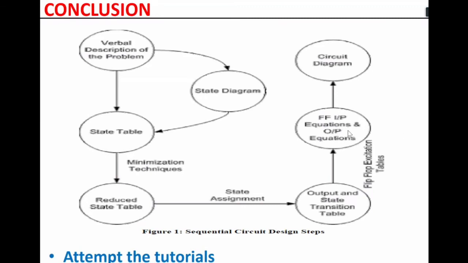Then, using those, you can look at the behavior of the flip-flops using a characteristic equation or a table that will give you a state table. Then you can reduce. We haven't done reduction. There are techniques of reducing state tables. That's another chapter. And then you can have a state table or a state diagram and you can describe your circuit. So that is what we've been doing today.